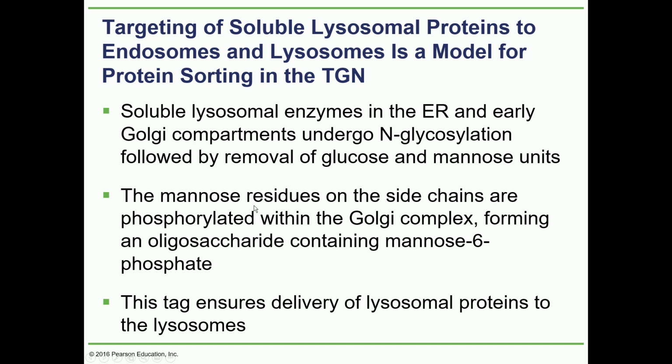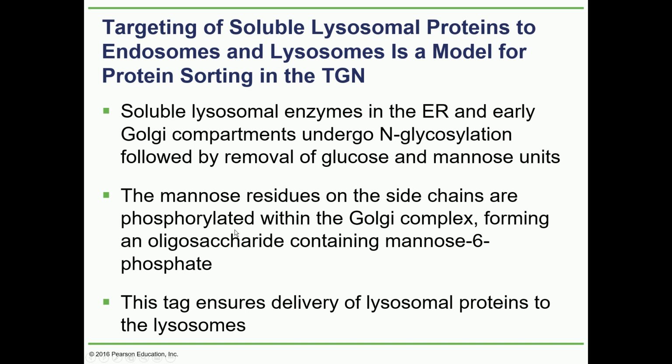These mannose residues get phosphorylated, forming an oligosaccharide containing mannose 6-phosphate. This mannose 6-phosphate binds to the mannose 6-phosphate receptors, and then this ligand-receptor complex is packaged inside some secretory vesicles.